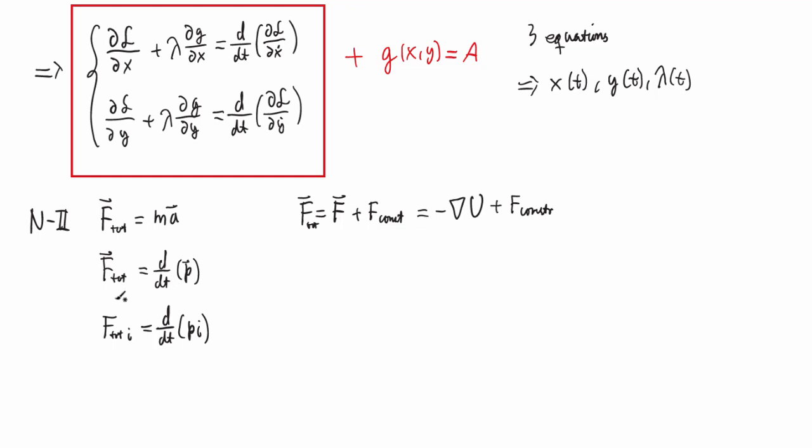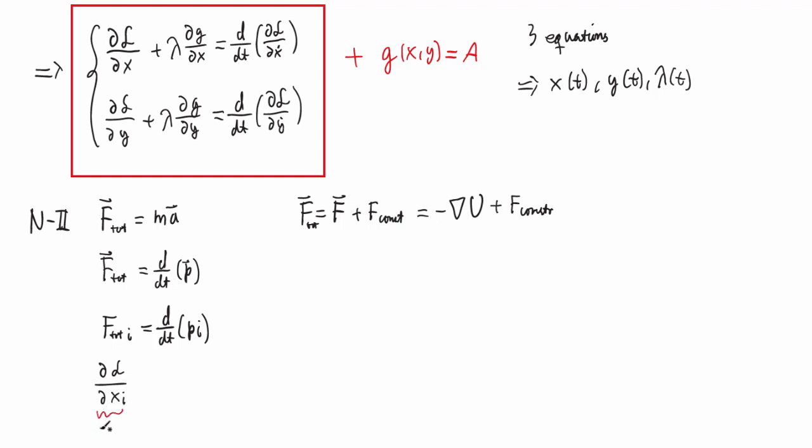And then we can use the fact that we know that the total force is the derivative of the Lagrangian with respect to the ith generalized coordinate here. This is the partial of L with respect to x_i. That will give us this part here.